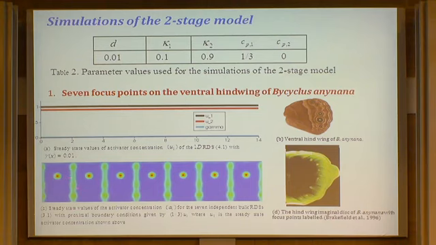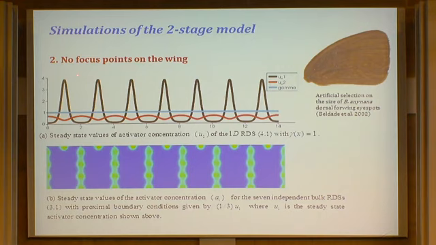So the second example: no focus point on the wing here. There's no focus point. This is taken from the paper of Verdade, 2002. They made this wing by an artificial breeding process, artificial hand pairing process.